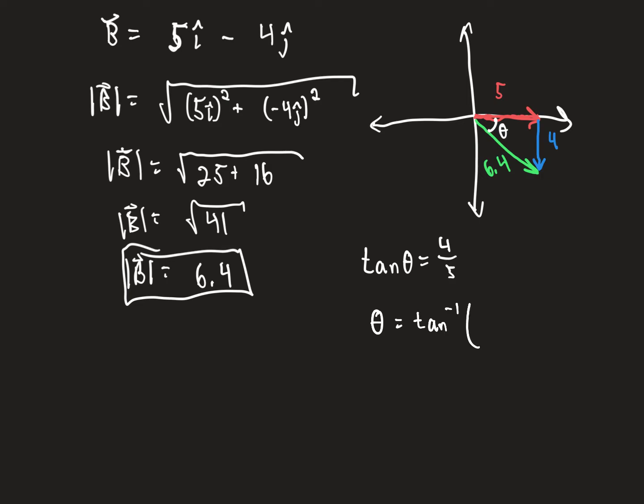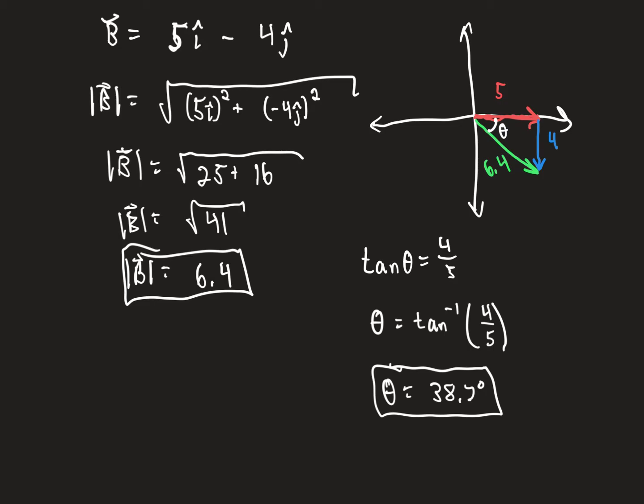Then I need the inverse tangent of 4 divided by 5. Plug that in. Make sure that you're getting 38.7 degrees. If you are not getting about 38.7, 39 degrees, then you're probably in radians. This whole exam, you can be in degrees. You don't need any radians.